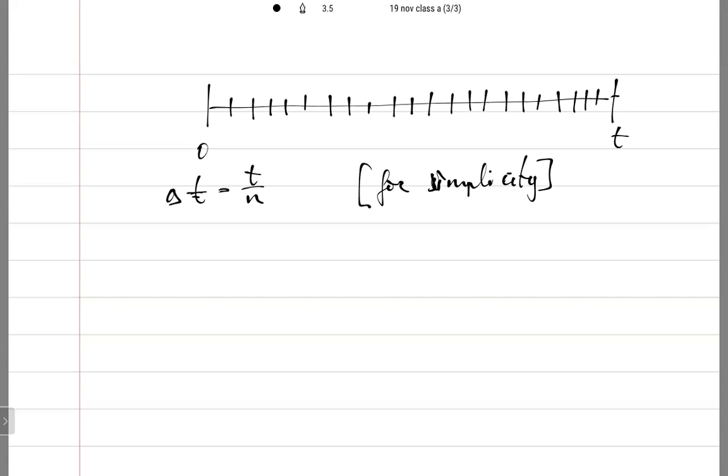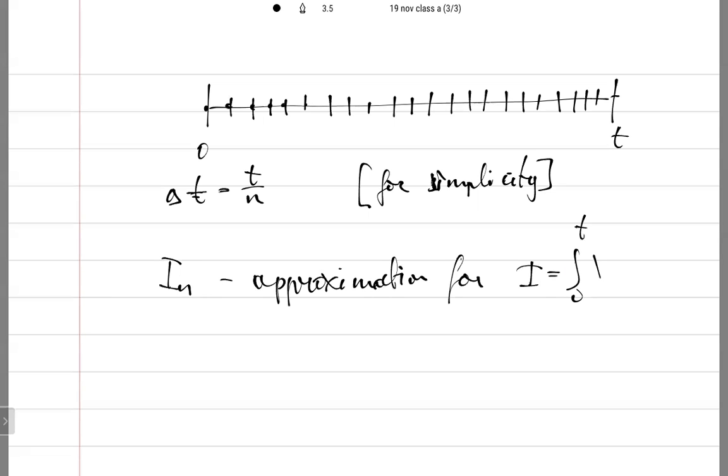Now we can calculate an approximation. We create an approximating jump process. I will do transactions only at these points of time. I_n is the approximation for my integral from 0 to t of W_u dW_u.